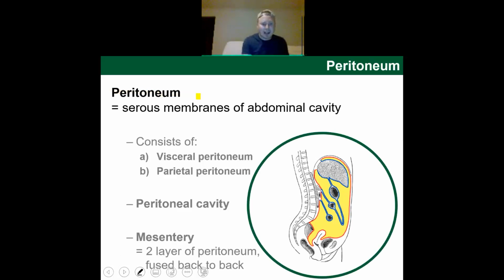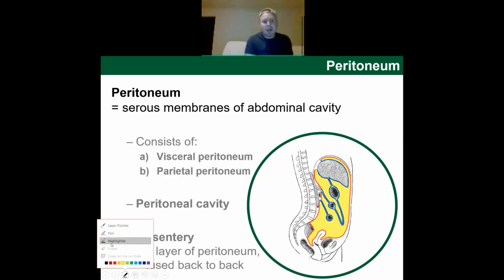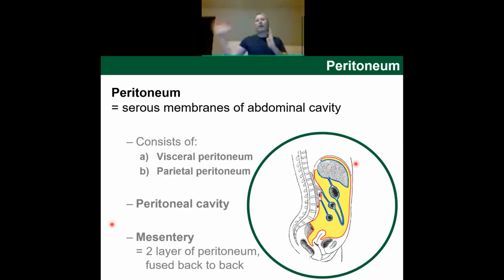And I have here a very nice diagram that I'm going to use to highlight. So we'll see a human body cut in half, right and left. This is the posterior part, this is the anterior part. You'll see we've got our vertebral column running here, and our belly would be here, a belly button here. This is a female body, so you'll see the female reproductive tract there as well.